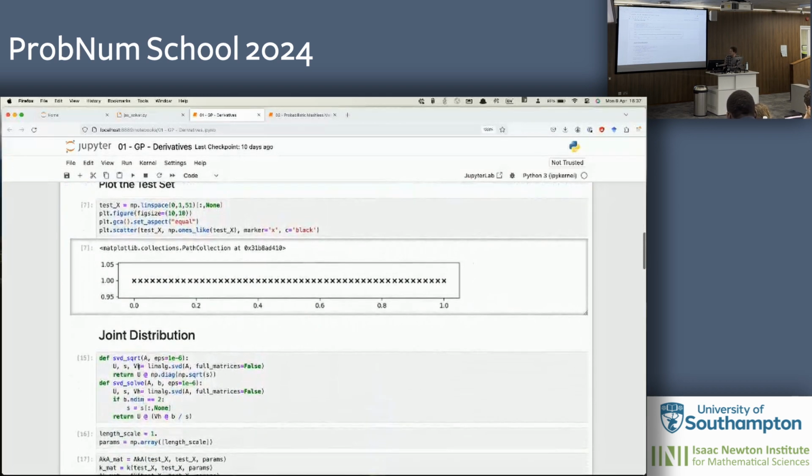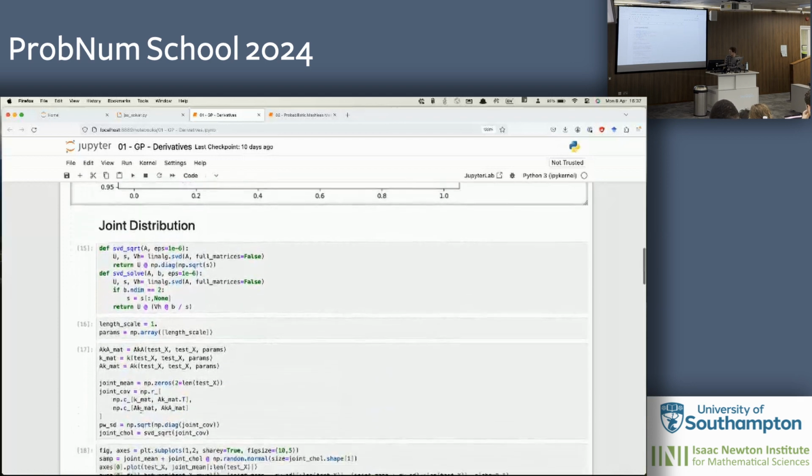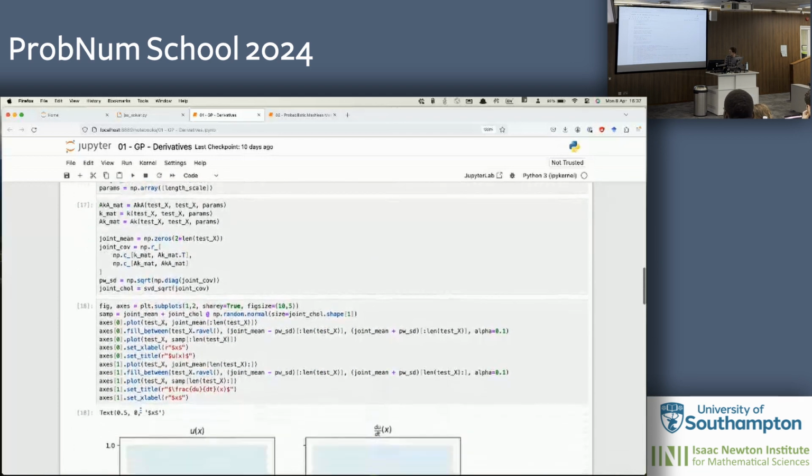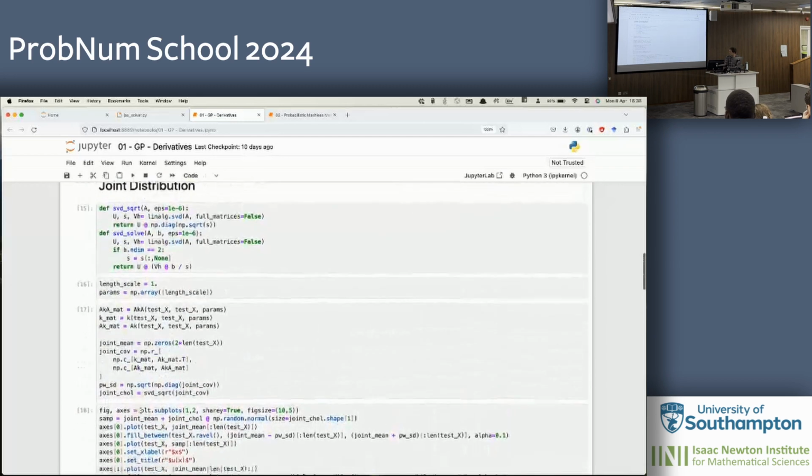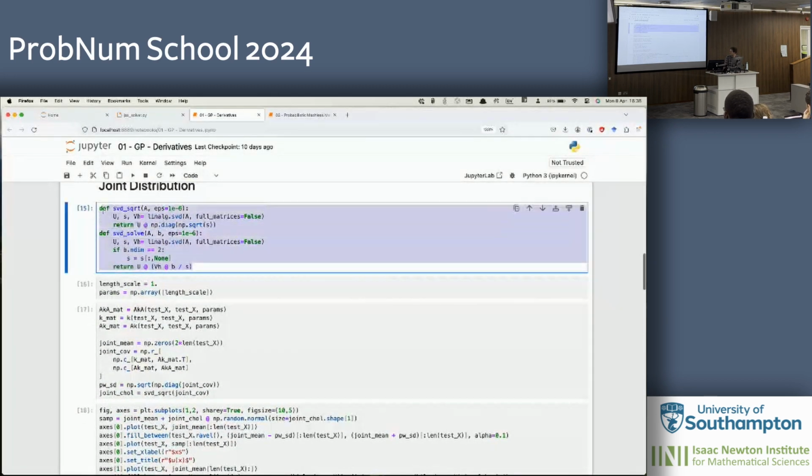The first thing I'm going to do is plot the joint distribution of U at these test points, which is what we would usually be interested in for GP regression, and AU evaluated at those test points. That's what I have somewhere down here. In terms of the code, this just handles the gross deficiencies of the squared exponential covariance function, so I'm inverting and computing square roots by singular value decomposition.